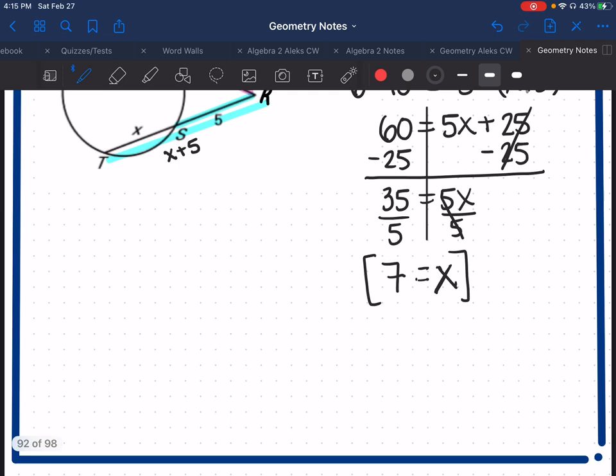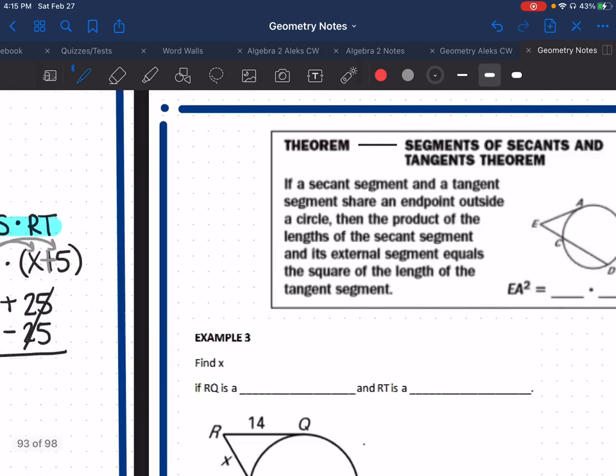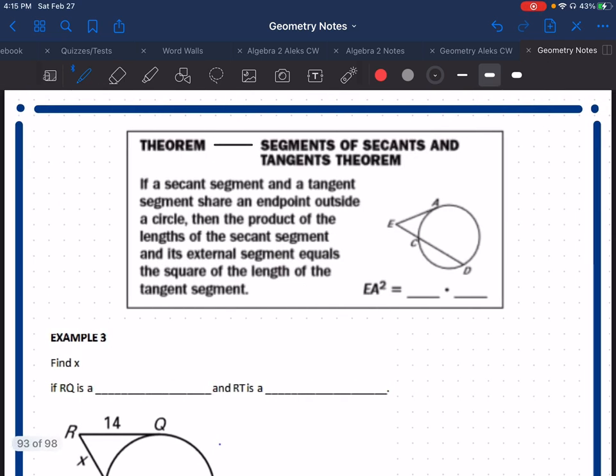All right, let's take a look at our next theorem, which is the segments of secants and tangents theorem. Whew, these theorems. If a secant segment and a tangent segment share an endpoint outside a circle, there's my two, right?